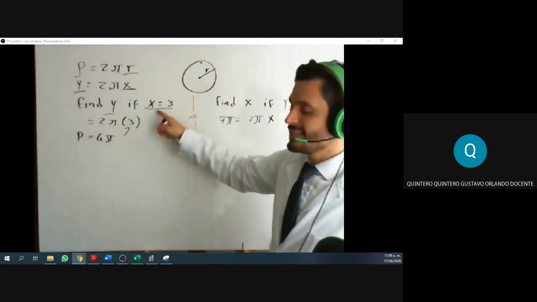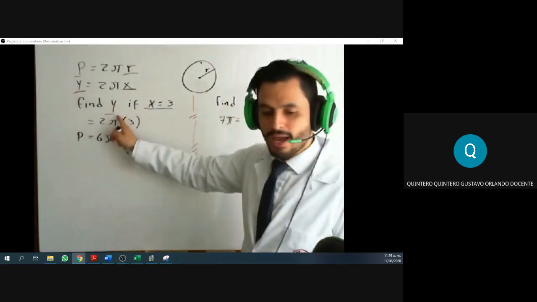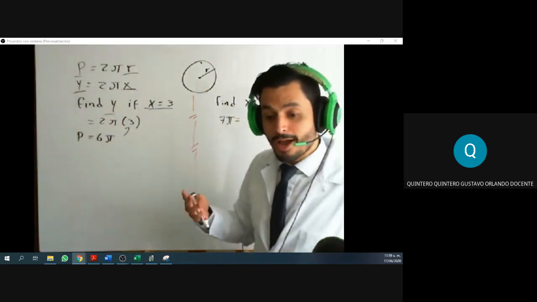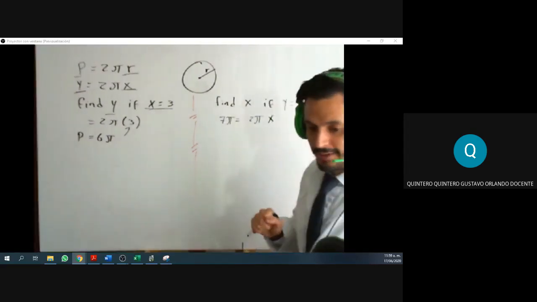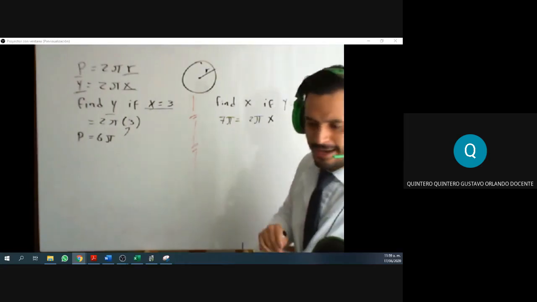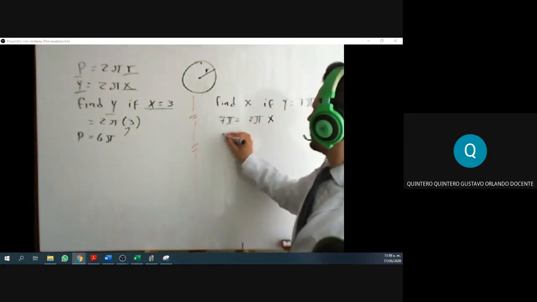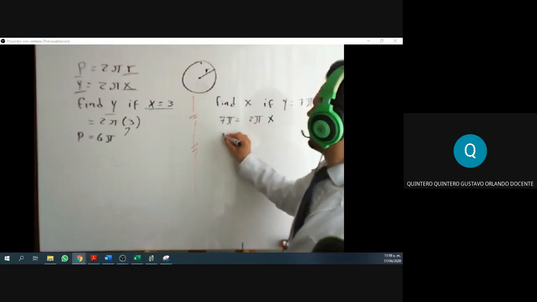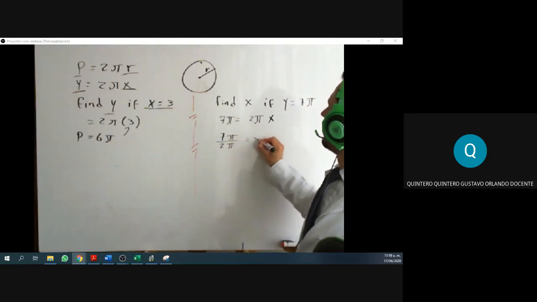We are not replacing the value of x, the independent variable, to find the value of y, the dependent. We are doing it backwards. You are familiar with this. You have done it 100,000 times, right? To isolate x here, you just divide by 2 pi on both sides. So 7 pi over 2 pi is the value of x.